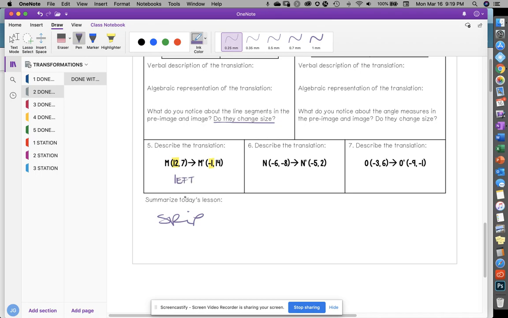I just got to figure out how many somethings. All right, then I have my Y's. I went from 7 to 14. Ooh, I increased. So my Y's went up. All right, so 12 to -1 means I subtracted 13. So we're going to say 13 left.